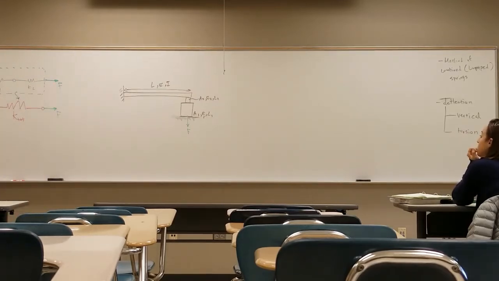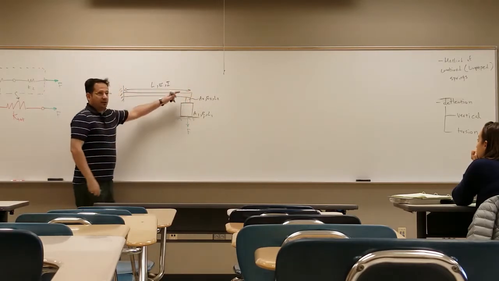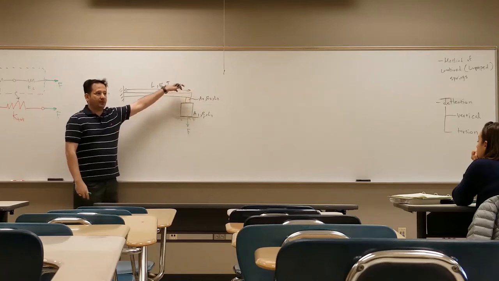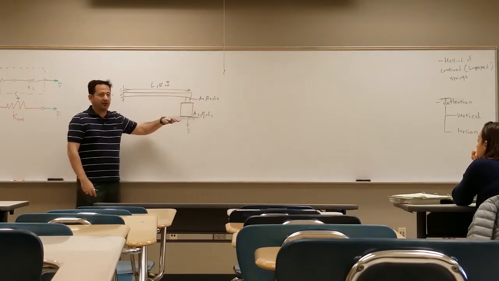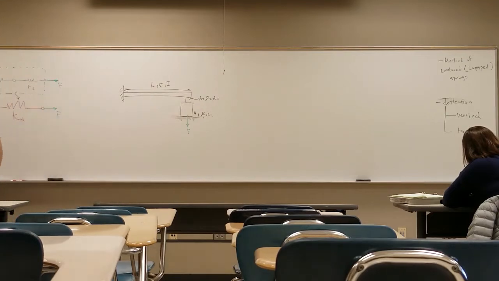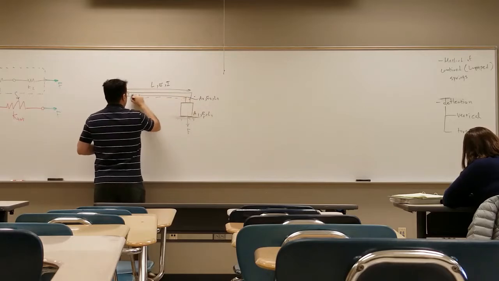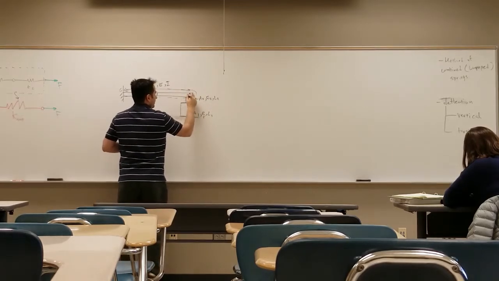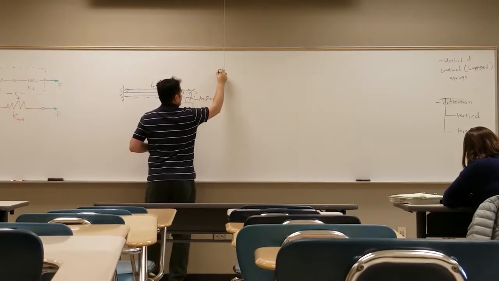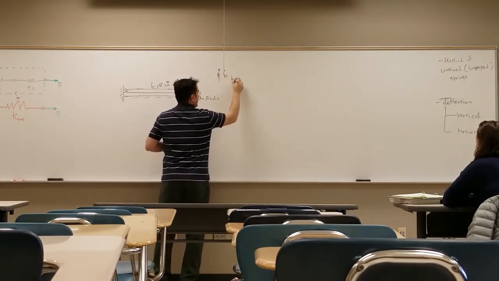Now here, let's consider this beam as kind of like a spring, right? You can apply force here and release it, it's going to come back. So that beam going down at that point acts like a spring. So if I model this beam with just a spring at this particular point, let's put it here, this is the spring constant of the beam.